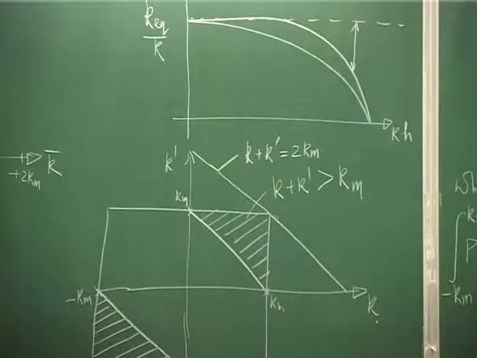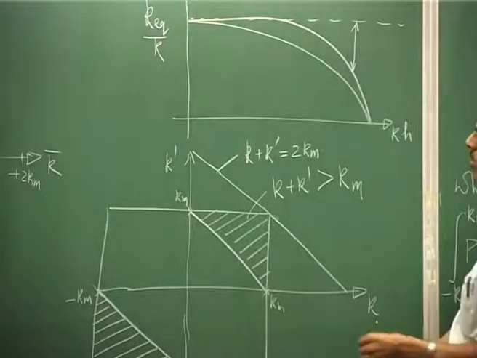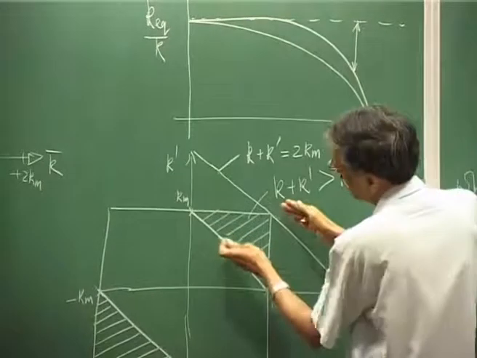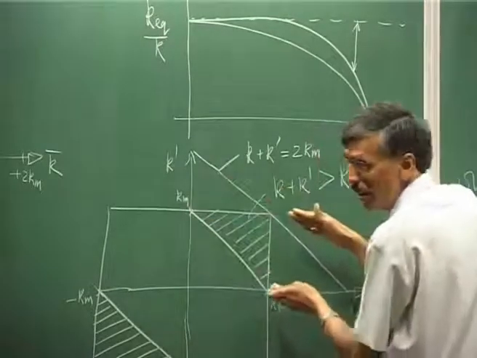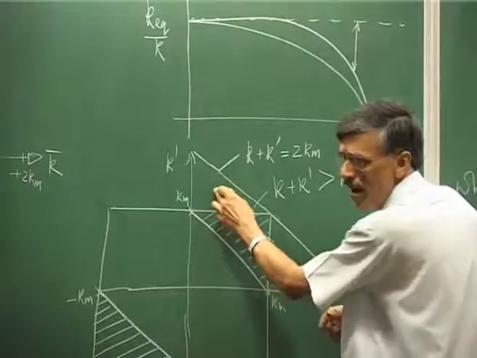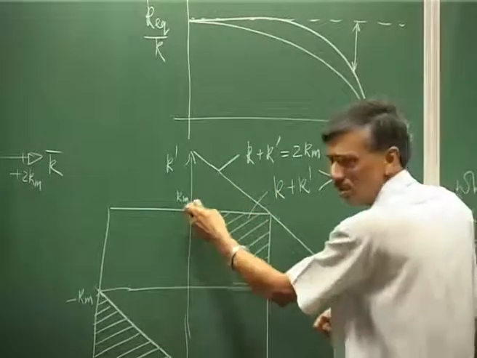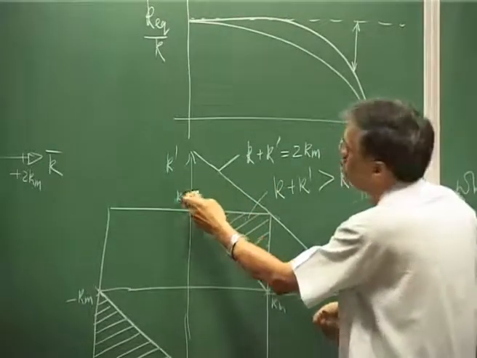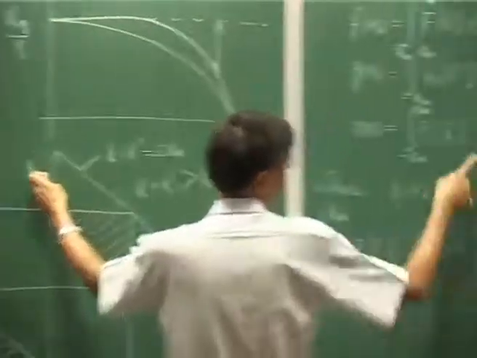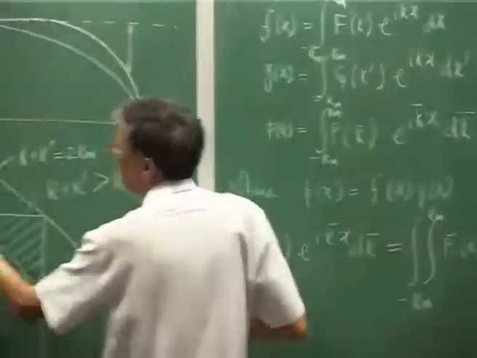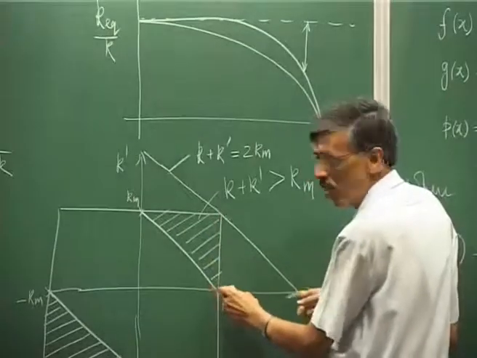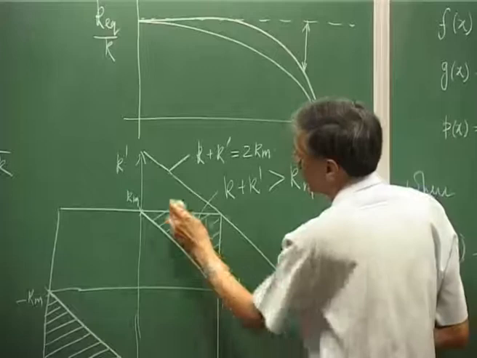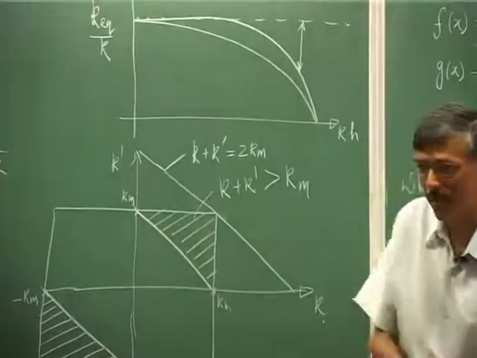So, in evaluating the right hand side, I notice that my phase can also go in this region, but out of this whole region this part is not there, this does not exist. So, here g of k prime is 0, and here f of k is 0. So, this triangle and this triangle are not coming into play.